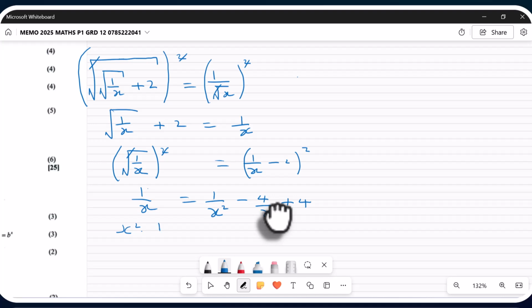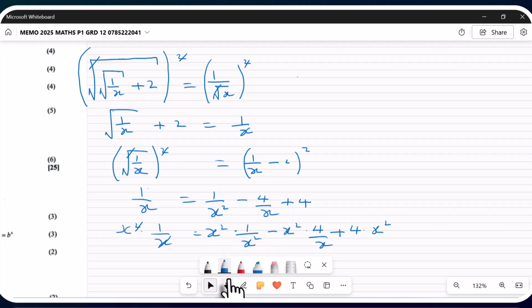If I cancel here, one x with this x, I'm left with just x on top, so this is x. What about here? I cancel the x squared with this x squared, which leaves only 1.